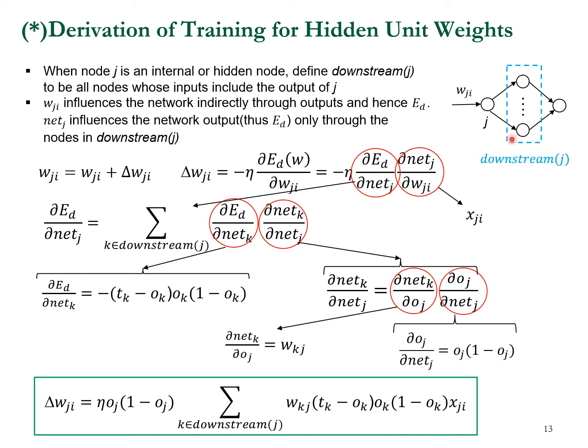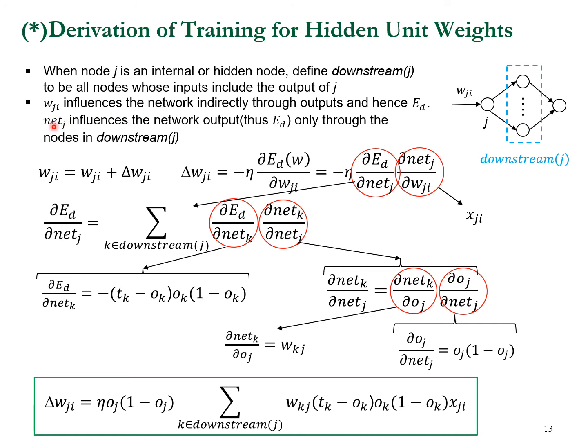Downstream of J is these nodes whose input is the output of J. The output of J is connected to the nodes in downstream J. J is connected to every node here, and these are called downstream J. So when a node J is an internal or hidden node, we define downstream J as all nodes whose inputs include the output of J. As a result, this weight Wji influences the network indirectly through the output and hence the error.